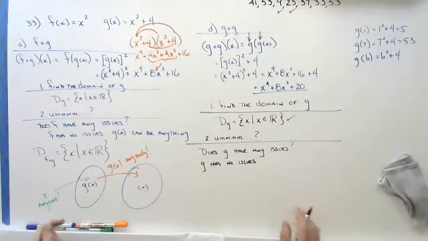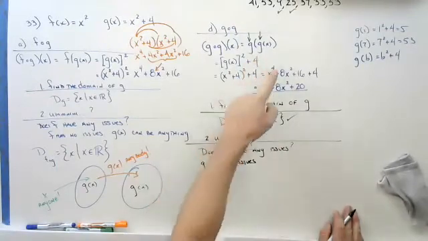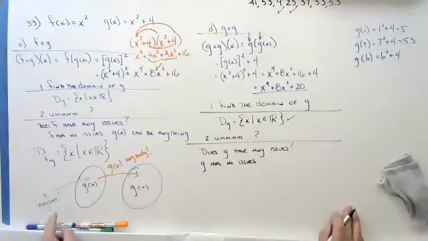So this is g in the picture we're doing, right? We're doing g and g. Well, x can be anybody. g of x can be anybody.